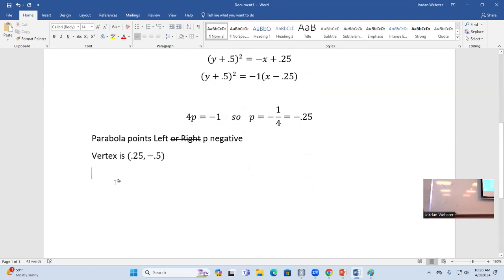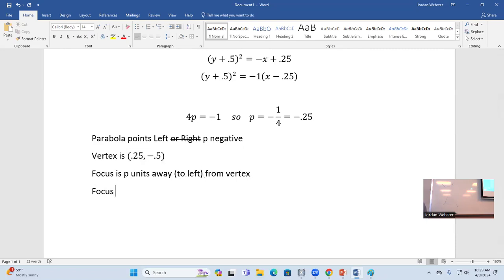So now I know the vertex, and the focus is p units away from the vertex. Since it's pointing to the left, my focus is going to be p units away to the left. Hopefully that makes sense.